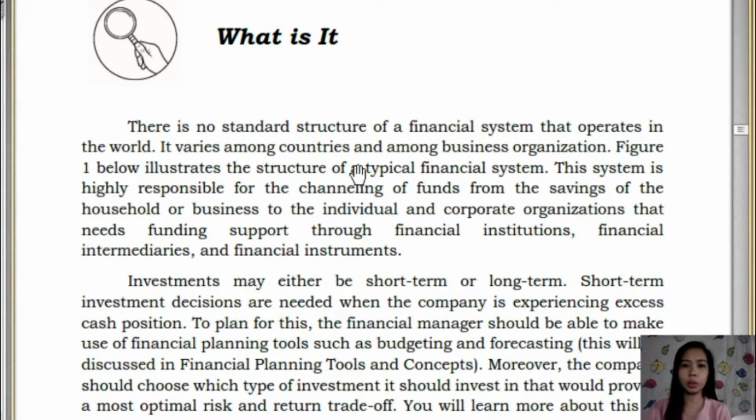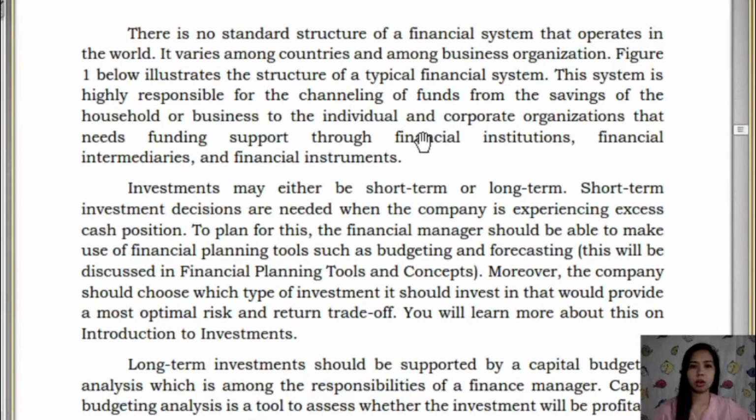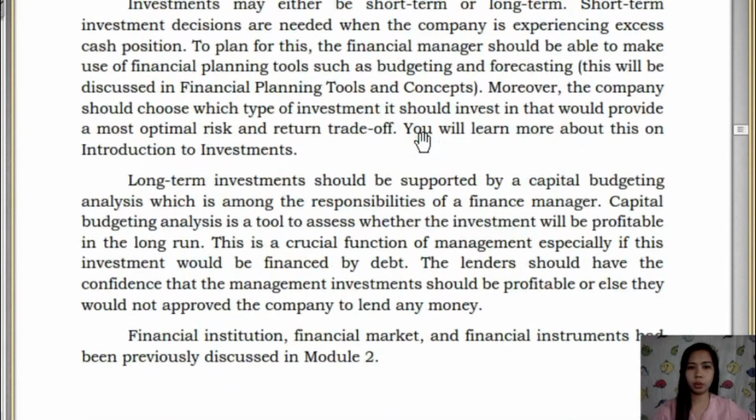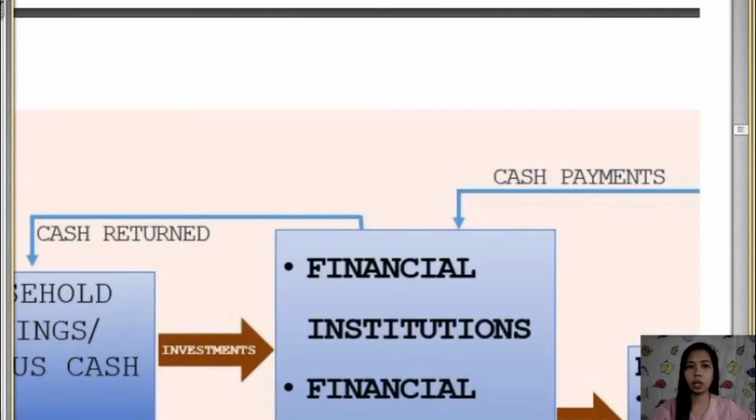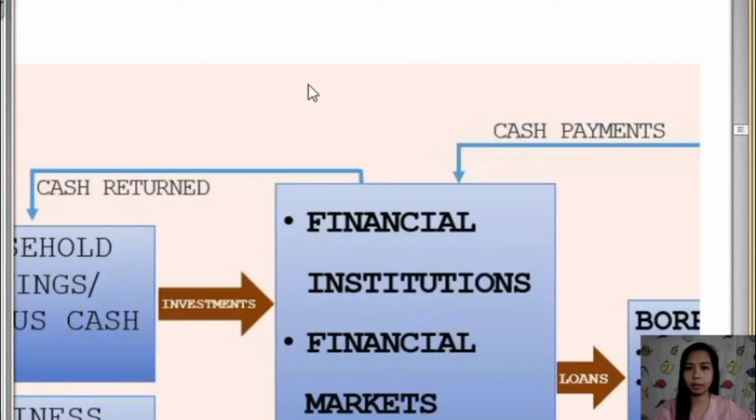I am showing figure 1 in this module, which shows typical financial structures, the flow of funds. Lilitan ko lang siya para makita natin.